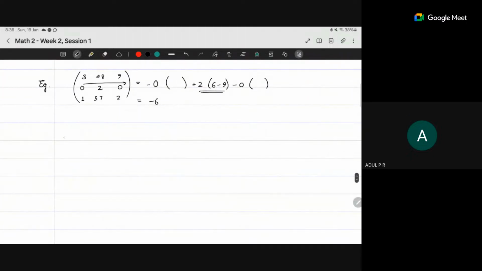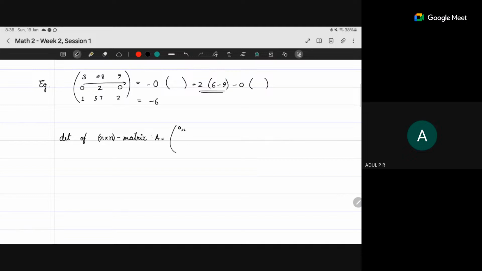Now if I generalize to the determinant of an n cross n matrix, what do you expect the formula to be? Suppose I have a determinant of A, whose entries are Aij. First of all, let's see what it looks like.